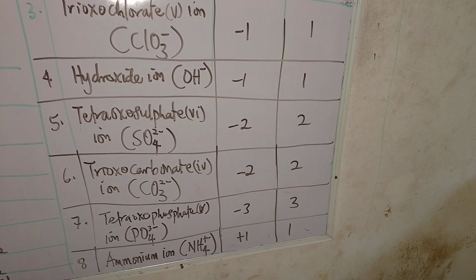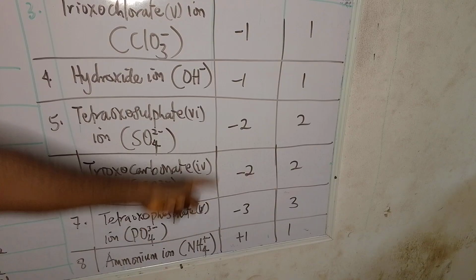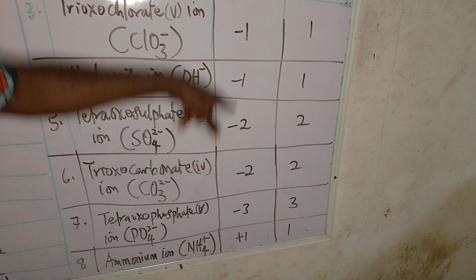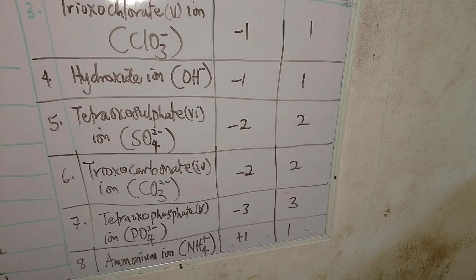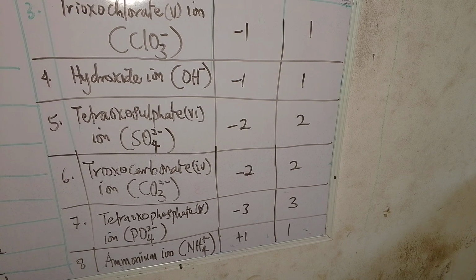Oxidation number, you can see that it has a positive sign for this one and a negative sign for the rest. Why? Because the number here on top is called the oxidation number. That's the oxidation state of that particular radical.